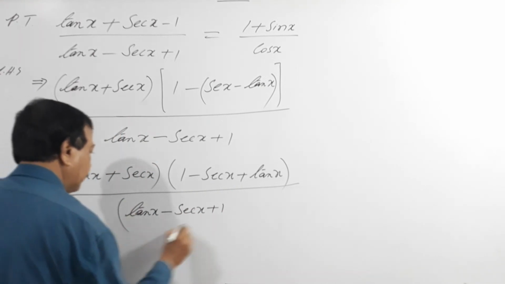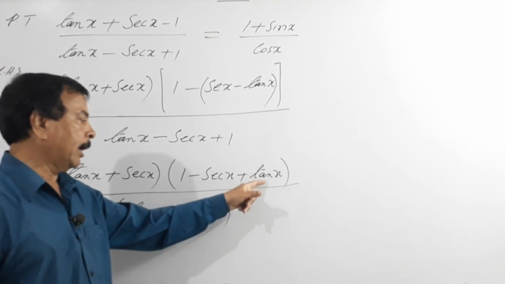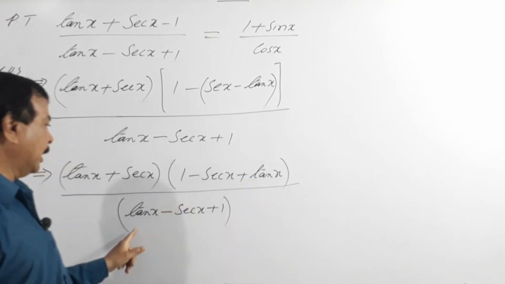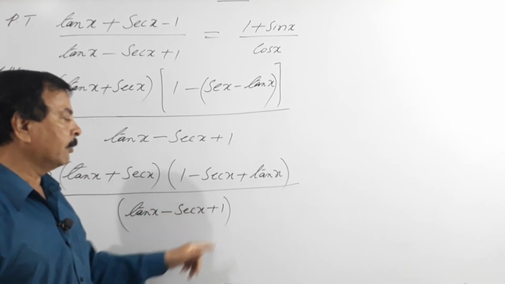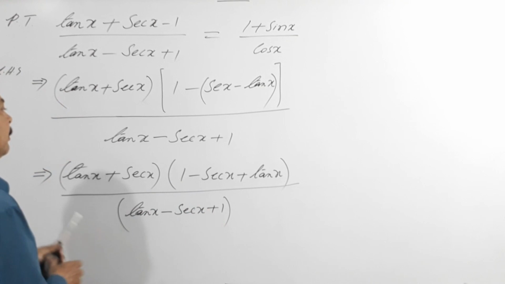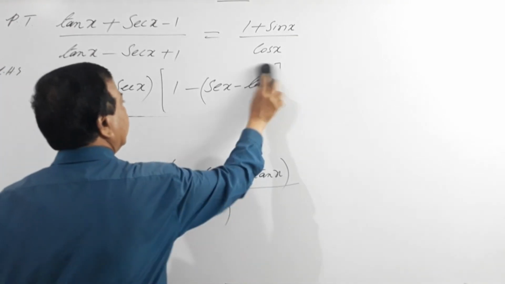So let me use a bracket here. So what we have here, tan x plus tan x minus secant x plus 1 you got. So what happens here? Okay, we'll rearrange, because some students might be wondering why did you cancel.